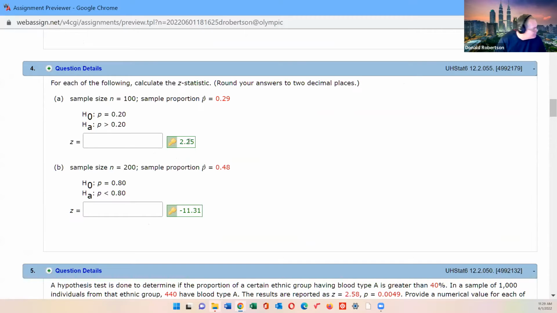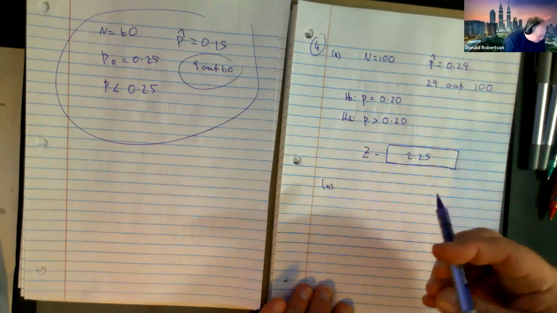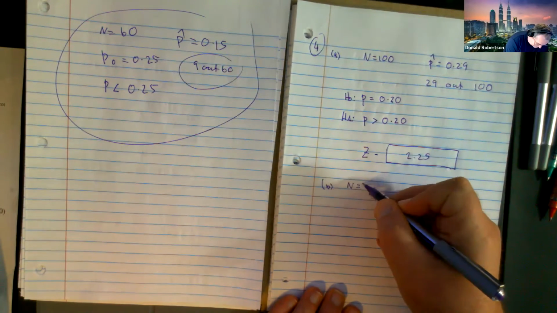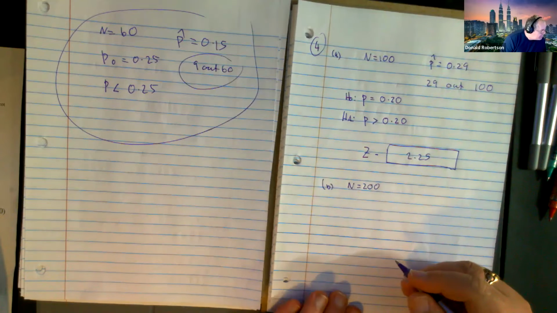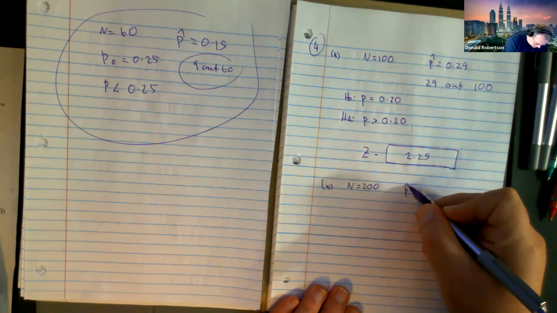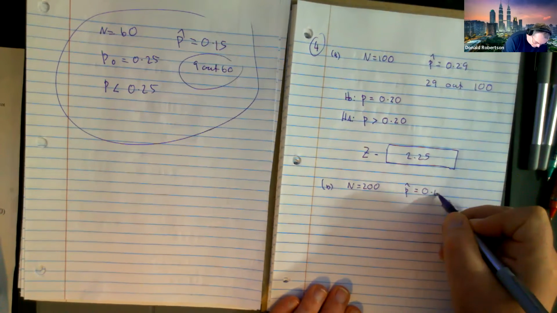It works. In question B then, let me move over and kind of do the putting it all together thing. 200 people in that sample. P hat is 0.48.